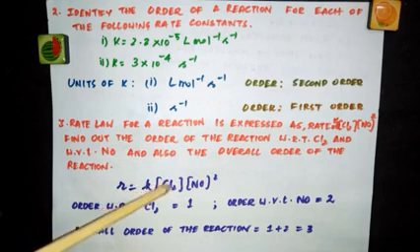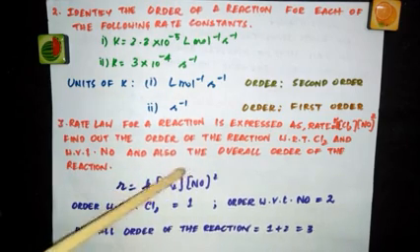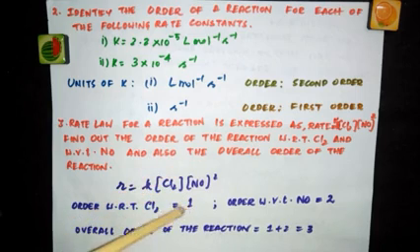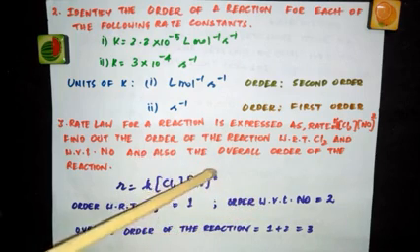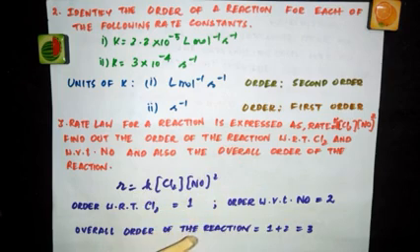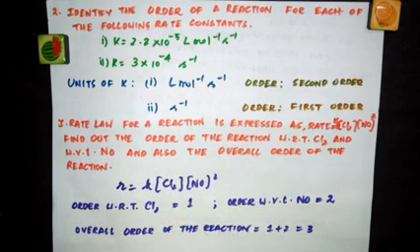They are asking what is the order of the reaction with respect to Cl2. With respect to Cl2, the order of the reaction is equal to 1 because the power here is 1. And with respect to NO, the order of the reaction is 2. And what is the overall order of the reaction? 1 plus 2, that gives you 3. 3 is the overall order. So this is a third order reaction.